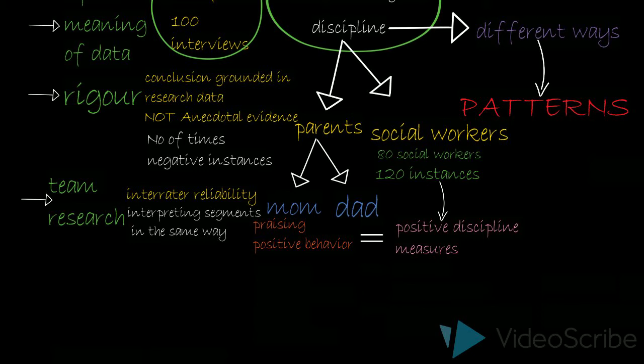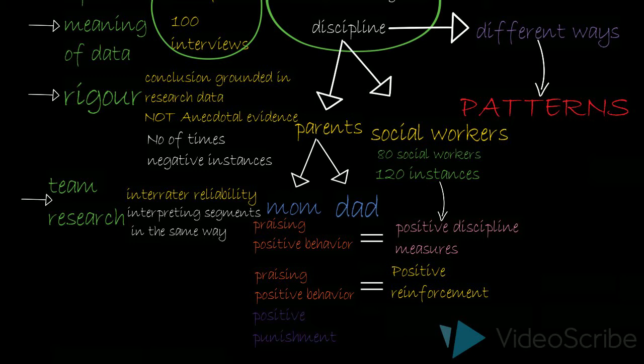So when the computer points it out to them quickly, the two researchers realize that one of them interpreted examples of positive disciplinary measures, such as praising a child's effort, should be given the code of positive reinforcement. And the same researcher maybe decided that instances of positive punishment, such as asking a child to clean up a mess that he or she made, should be coded as positive disciplinary measure.